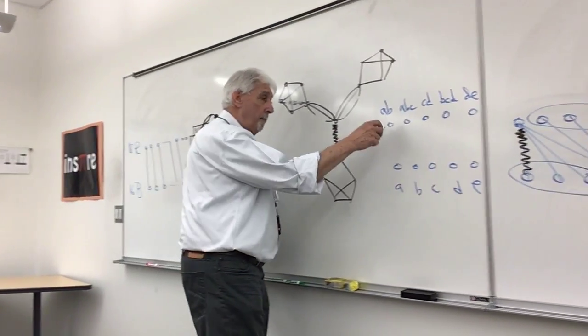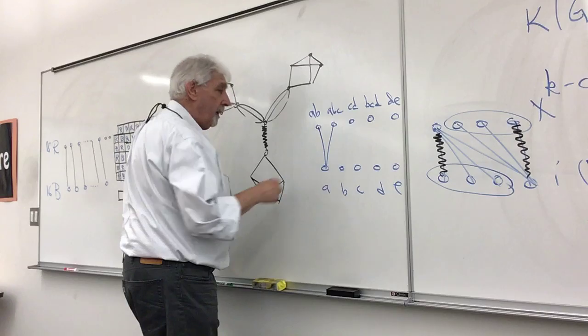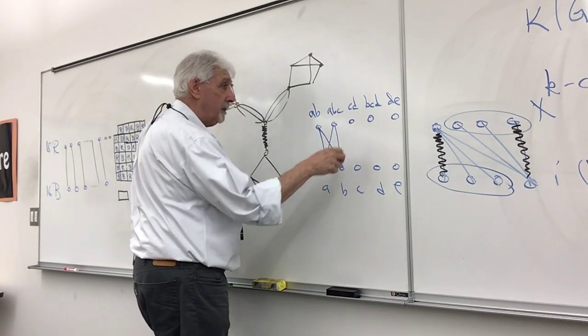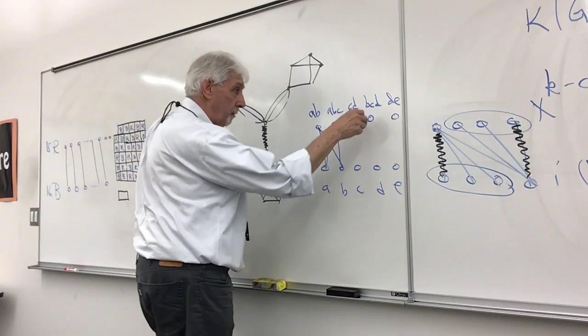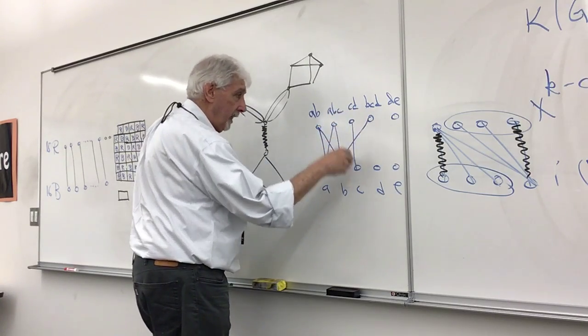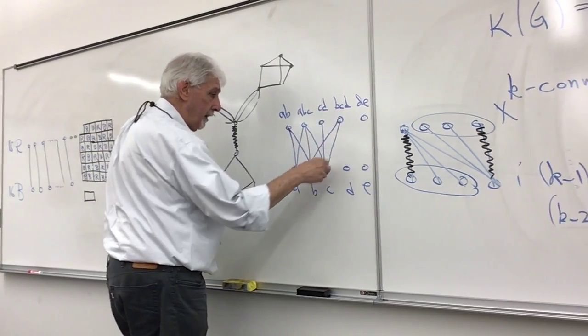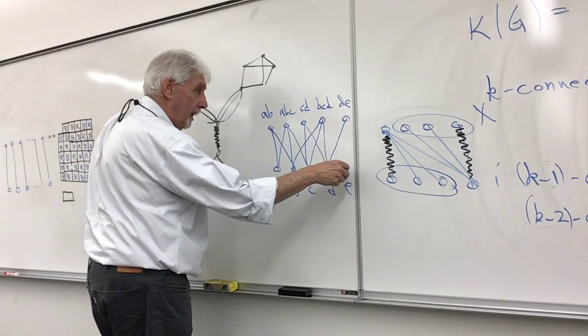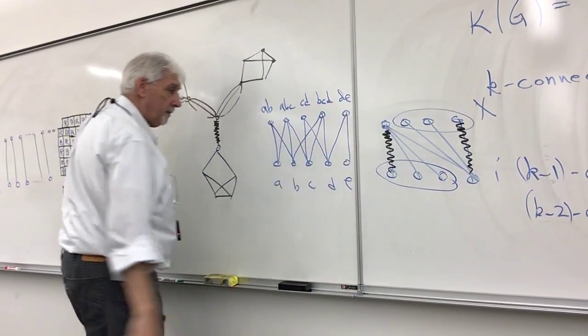So I'm going to look at a bipartite graph where each of the singletons are adjacent to, let's see, B is adjacent to this one, C is adjacent here and here and here, D is adjacent to here and here and here, and E is adjacent only to this one.